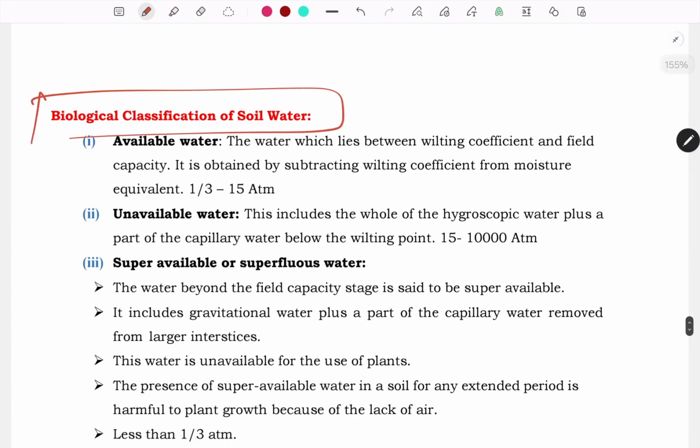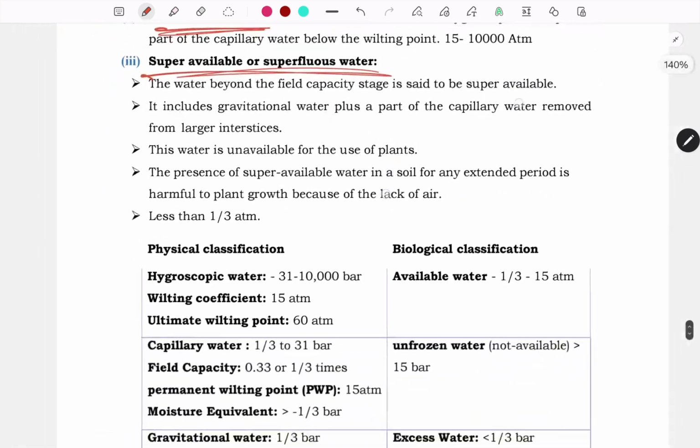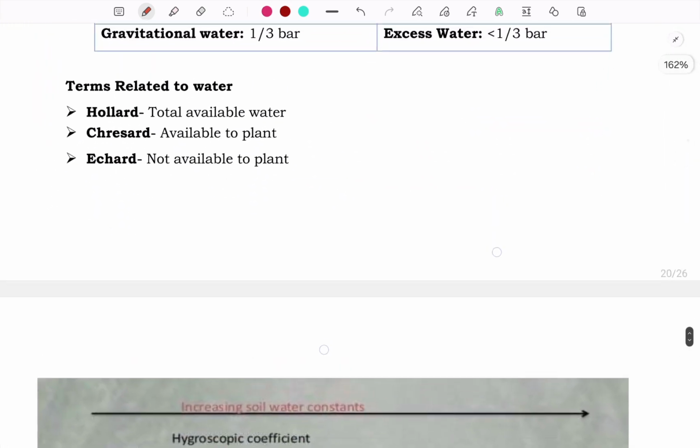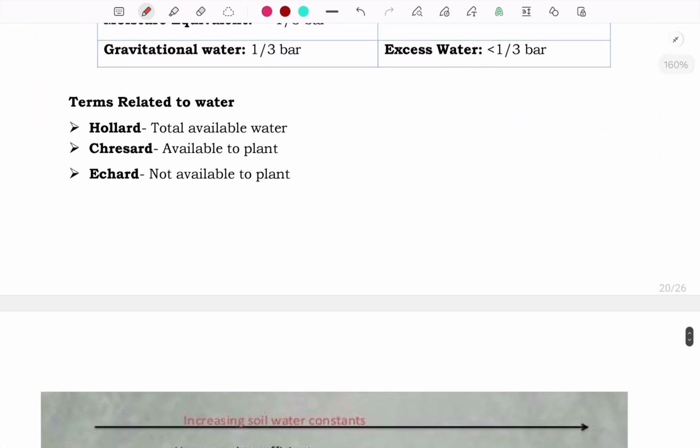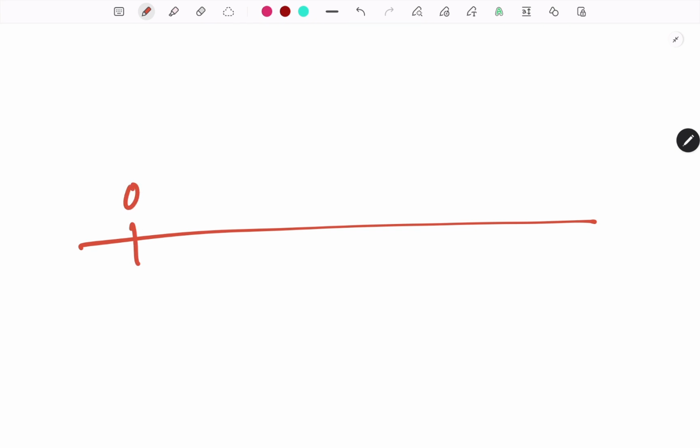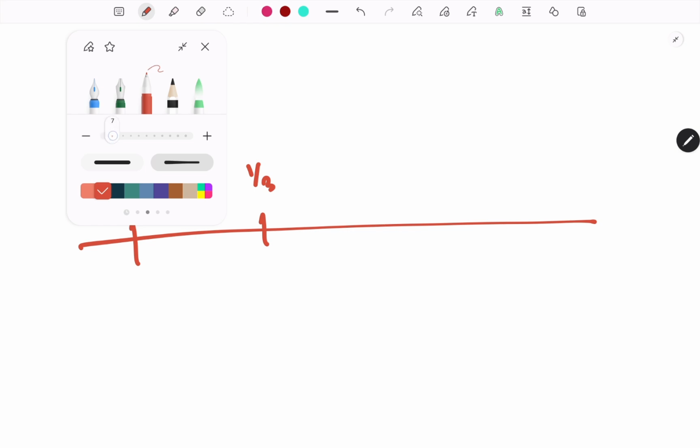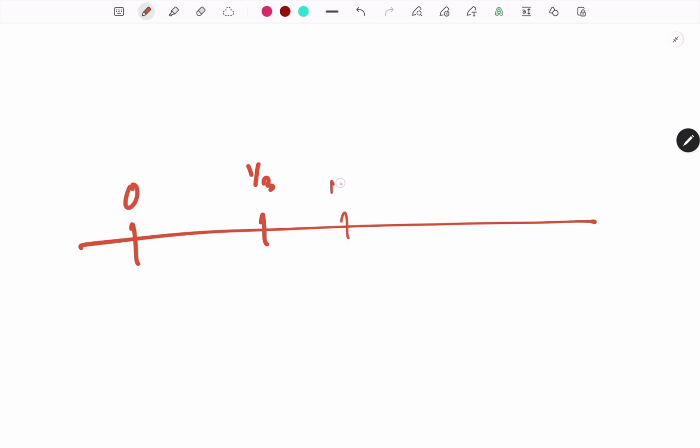Now we will move to the biological classification of soil water. There are three kinds: available water, unavailable water, and superfluous water. We will discuss with one chart here. See, for example, this is 0 atmospheric pressure. This is 1/3. This is 15.